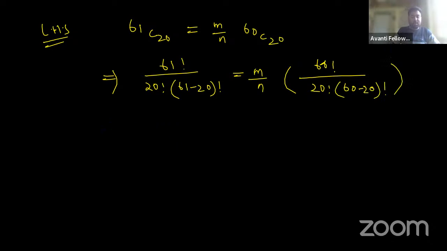Is it or not? Now you can cancel out the 20 factorials from both sides, and we have 60 factorial and 61 factorial.